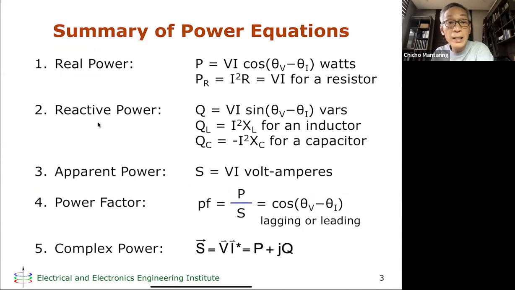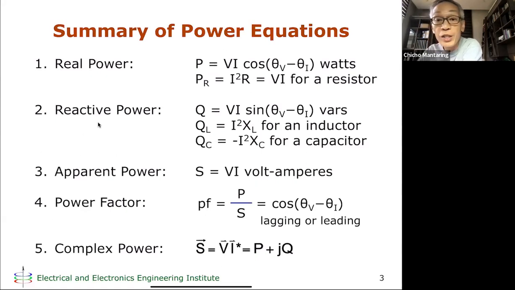So I summarize again the power equations. If you remember this particular slide, then you should be okay for calculating power in AC circuits. So you have real power in watts.